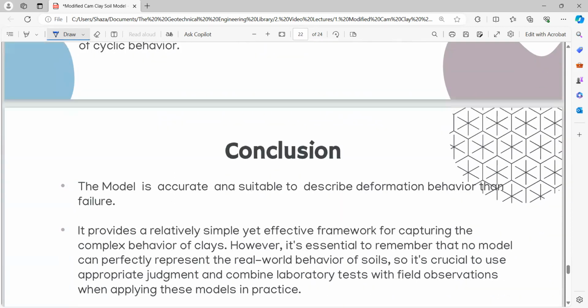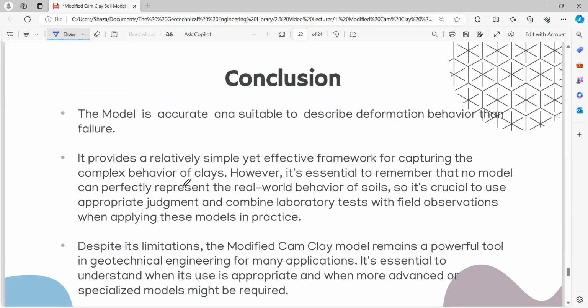Finally, how can we describe this model? This model is accurate and suitable to analyze the deformation behavior rather than the failure behavior. It is simple, however, it is effective mainly for clays. It can capture the complex behavior of clays.